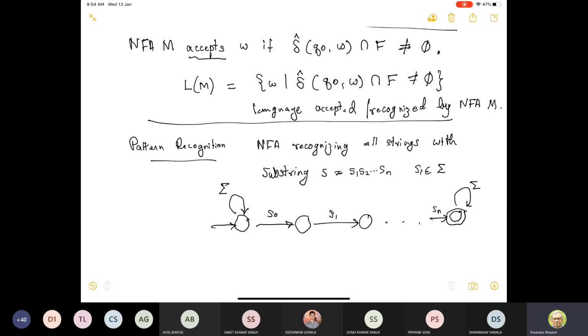And if you have studied the Knuth-Morris-Pratt algorithm for string matching, have you studied the algorithm? No, sir. In data structures? No. Okay. So it uses this NFA and converts it to a DFA in an efficient way.